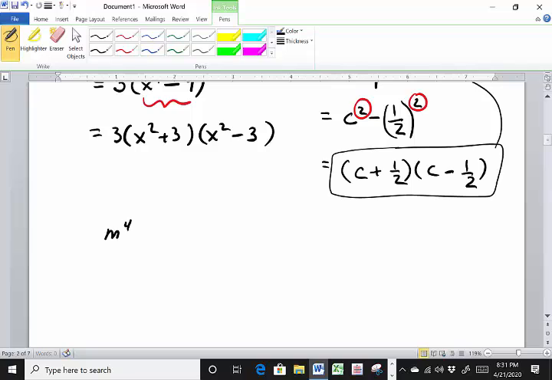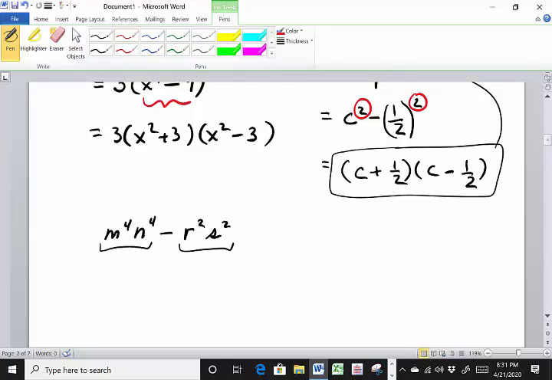m to the 4th n to the 4th, minus r squared s squared. Well, this is definitely the difference of 2 squares. Okay, we have even powers here and even powers here. So let's combine them together. So this equals mn to the 4th power, right?